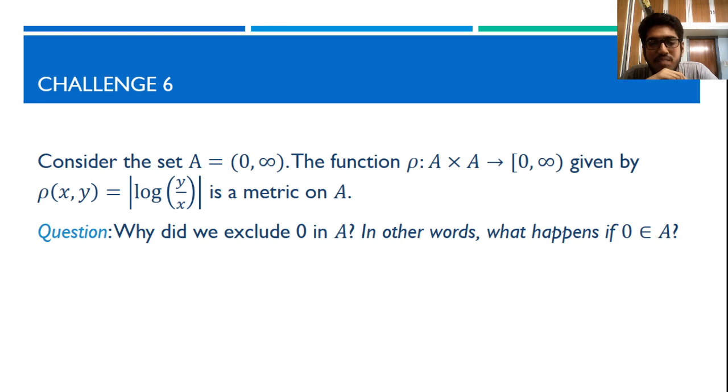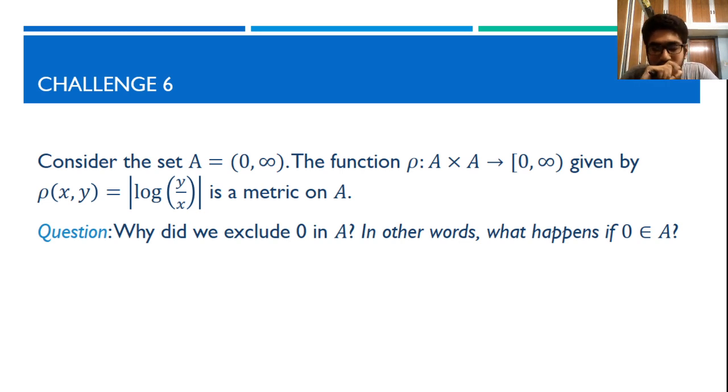Any number divided by 0 can possibly pop up. If 0 is in A, rho of say 1 comma 0 will be a trouble. It will be absolute value of log of 1 by 0, which is again a trouble. We mathematicians are always scared of 0 coming in the denominator.